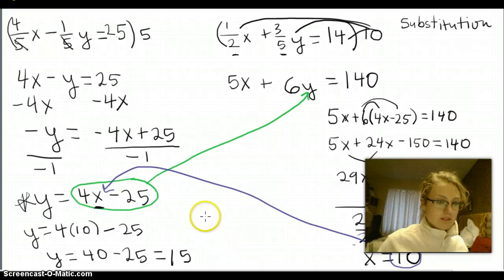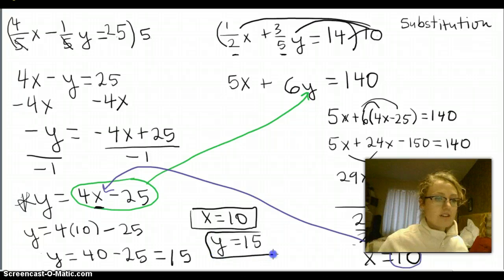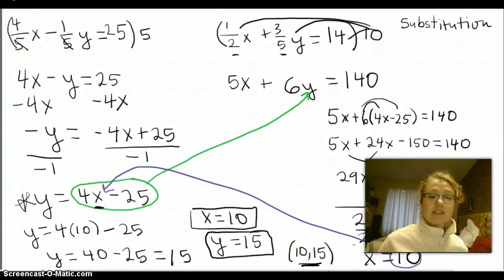So, x equals 10 is my first answer, and y is equal to 15 is my second answer. Now that looks pretty good. If we wanted to write that as a coordinate point, we know x comes first, so I would put my 10 first. Y comes second, so I put the 15 next. And I could write my answer like this as well.